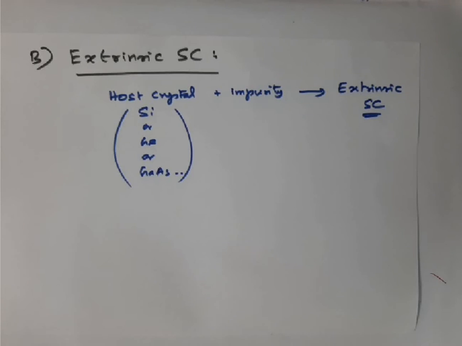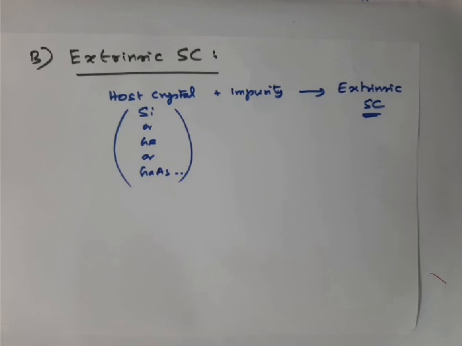But in an intrinsic semiconductor, electrical conductivity is generally low. Why? Because the number of electrons in the conduction band as well as the number of holes in the valence band are very few, because the electrons and holes are generated only because of thermal energy. So the number of electrons and the number of holes are equal, that's correct.